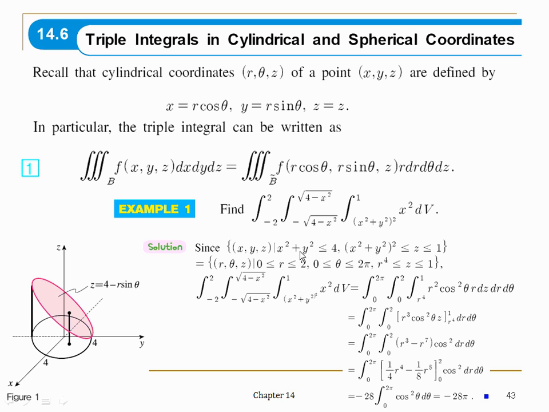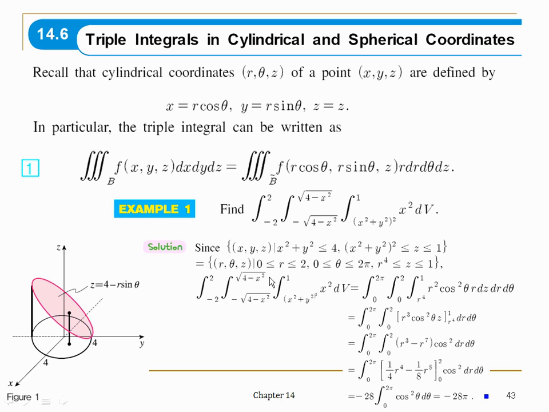So this region can be written as the points x, y, z with x squared plus y squared less than 4, because it's inside of this circle with radius 2, and z is between this function and up to 1 here.